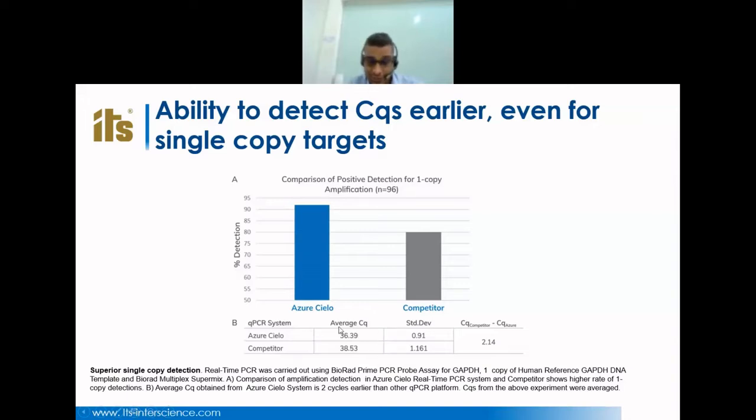The Azure Cielo gives you Cqs of about 36. This is 2 cycles earlier than the competitor, which is about 38. Again, this is in part due to the sensitive design of the Azure Cielo. And this data was provided to us by the manufacturers themselves, by Azure.